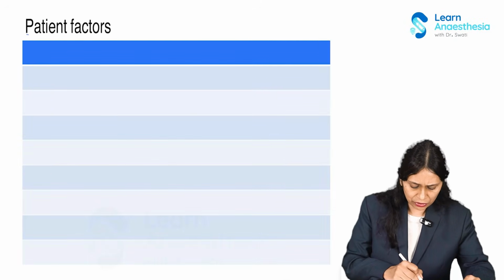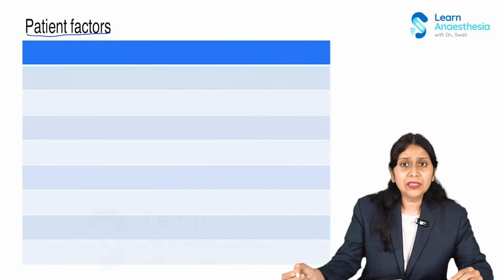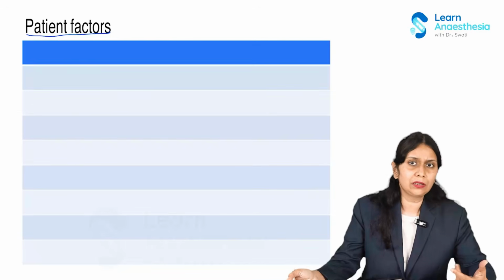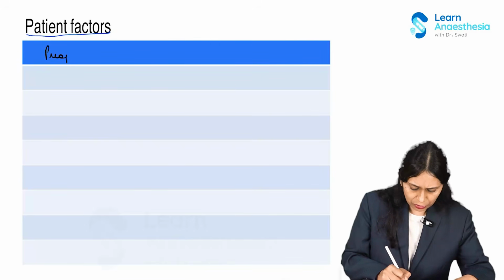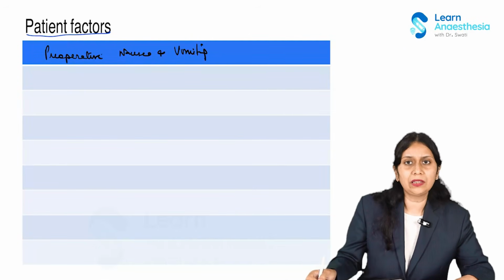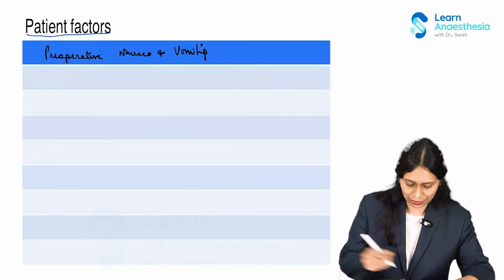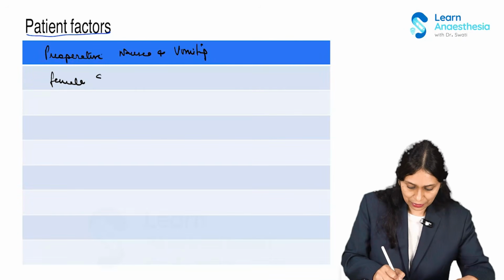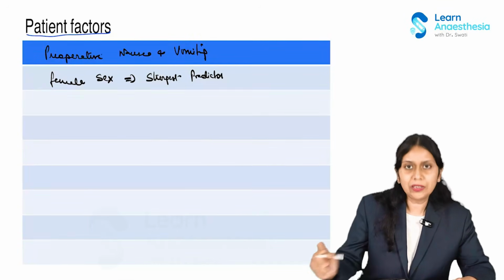So let's talk about the patient factors. If the patient had pre-op nausea and vomiting, it increases the risk of post-op nausea and vomiting. Then female sex is one of the strongest validated risk factors for nausea and vomiting, one of the strongest predictors.